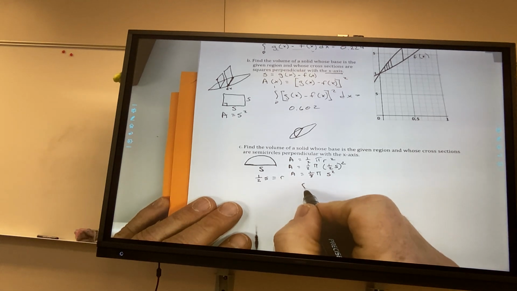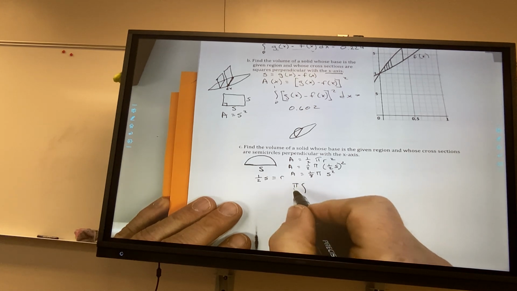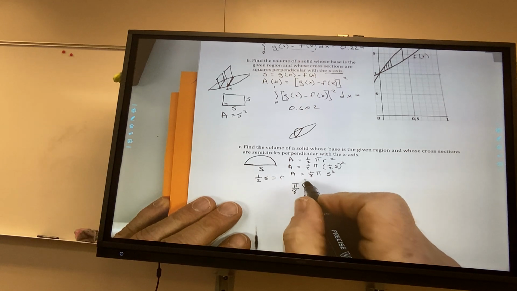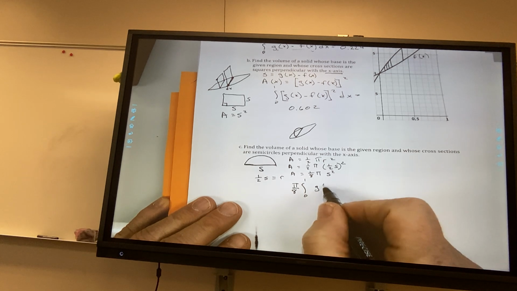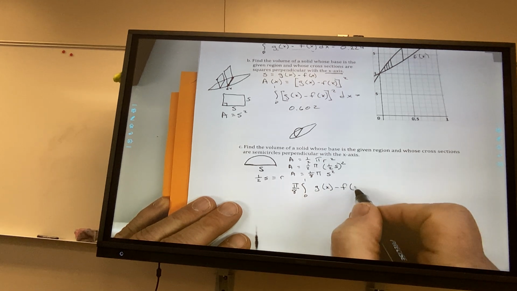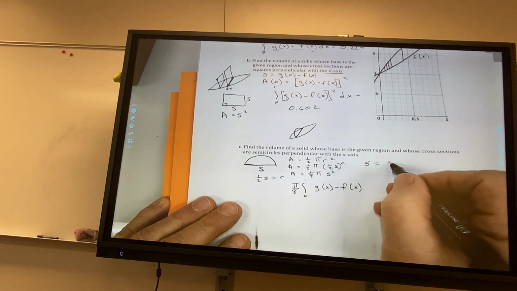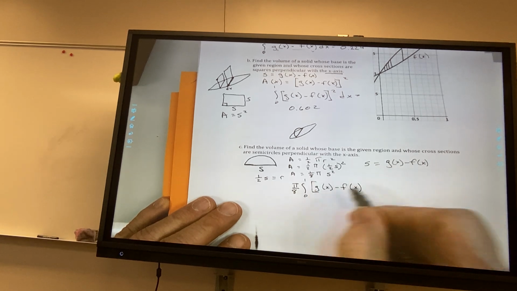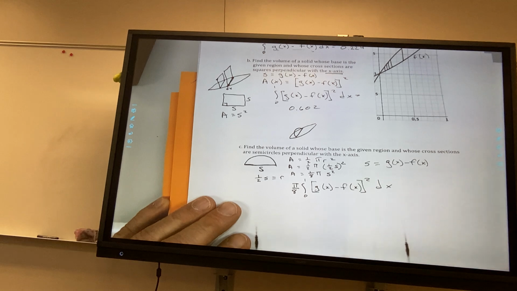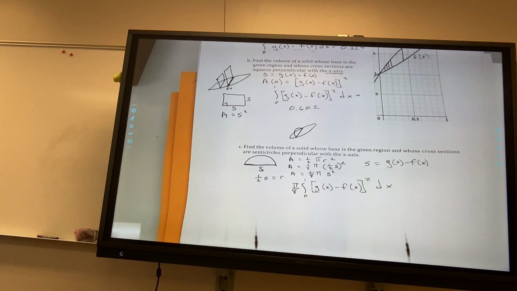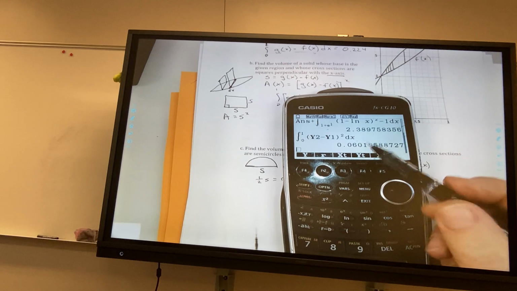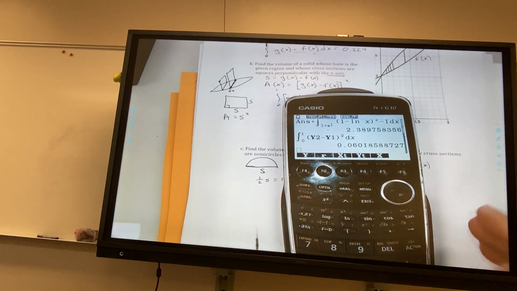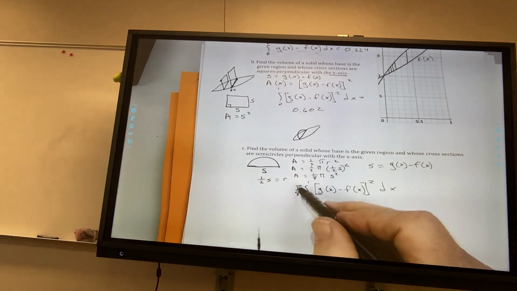Is everybody okay where I got the 1/8? So now again, I write it like this. I bring it out front because it's a constant. 0 to 1, and it's g of x minus f of x. This s is equal to g of x minus f of x. I'm just going to write that down there. Square root of dx. Is everybody okay with that? Okay, now, this is already this portion, correct?